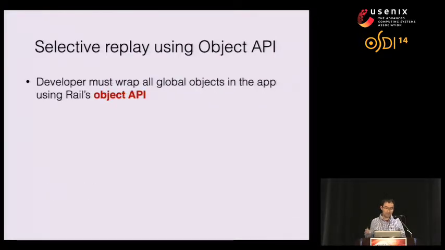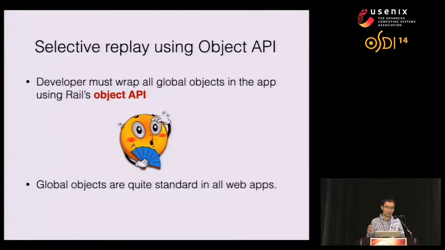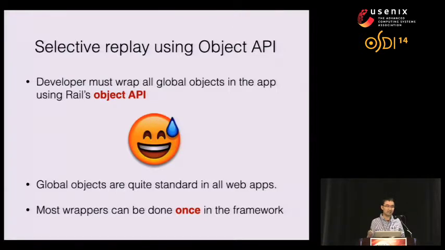To achieve this, Rail asks the developer to wrap all the global objects in the application using Rail's Object API. Well, you might say, oh no, this is going to be a lot of work and I'm not going to use it. But don't worry, because most of the global objects are quite standardized across all web applications. So actually, most of the wrappers can be done only once inside the web framework.